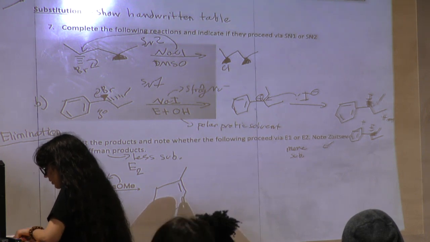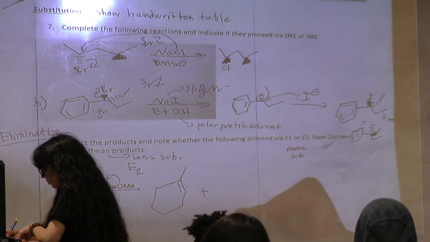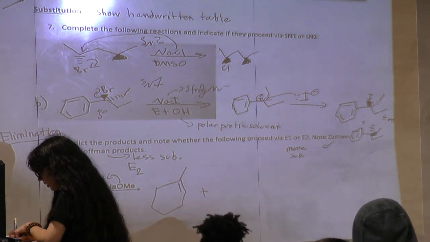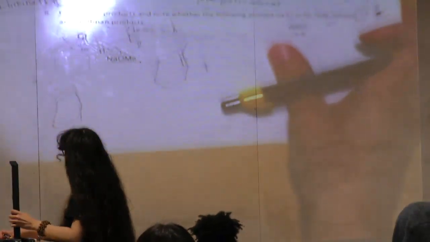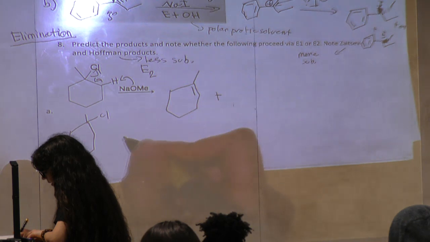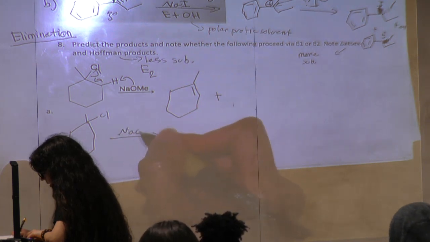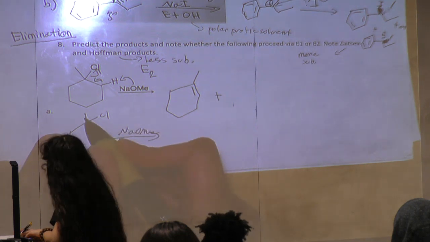We also could have formed something like this, I'll draw it down here. With NaOMe, this methyl here has 3 hydrogens on it, right?